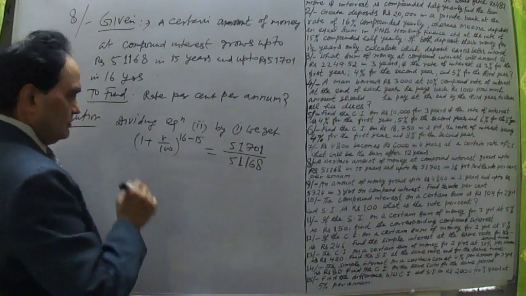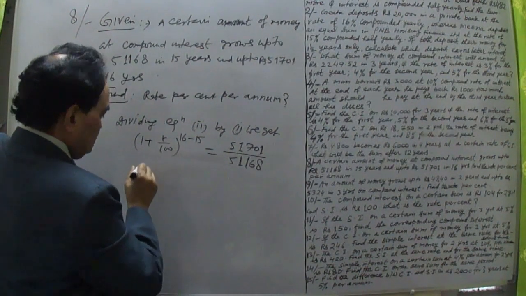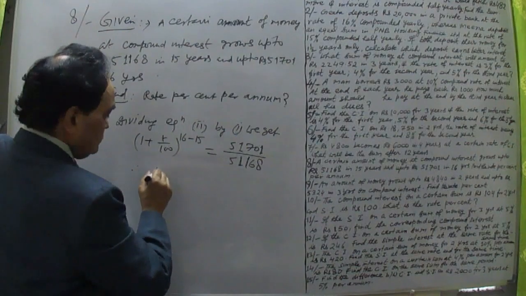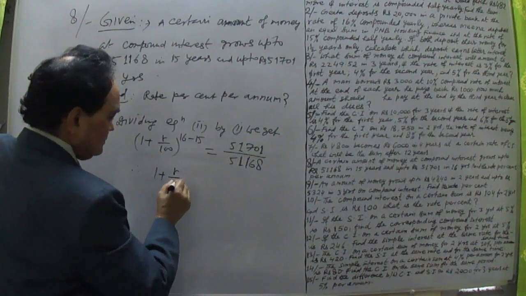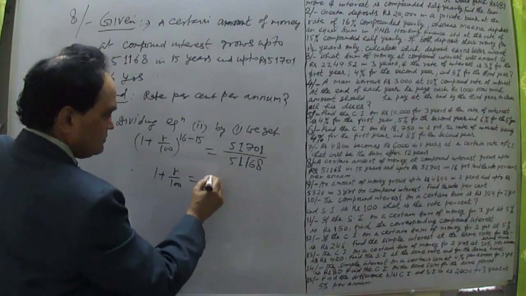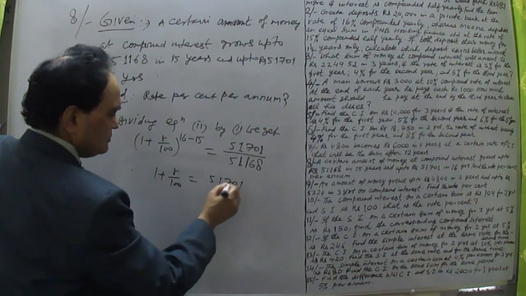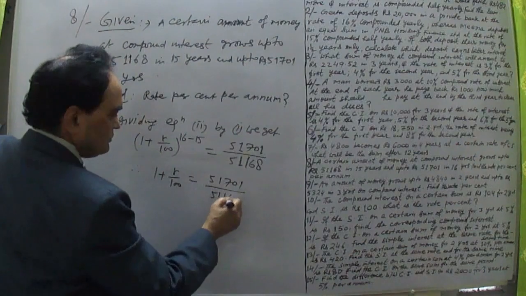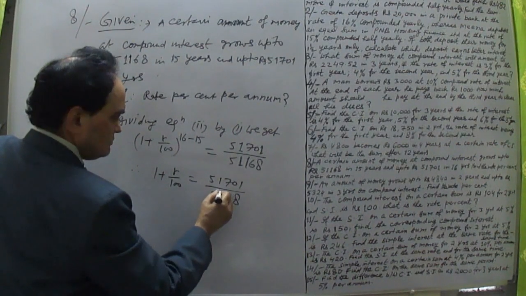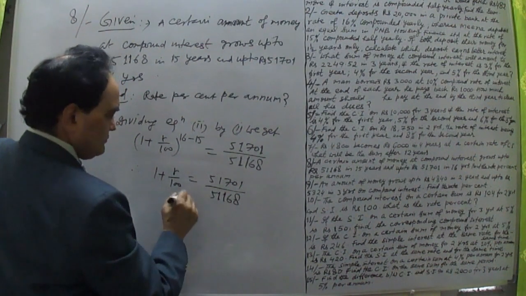Now from this we can find out the rate. How? Therefore, 1 plus R upon 100 is equal to 51,701 divided by 51,168, right?